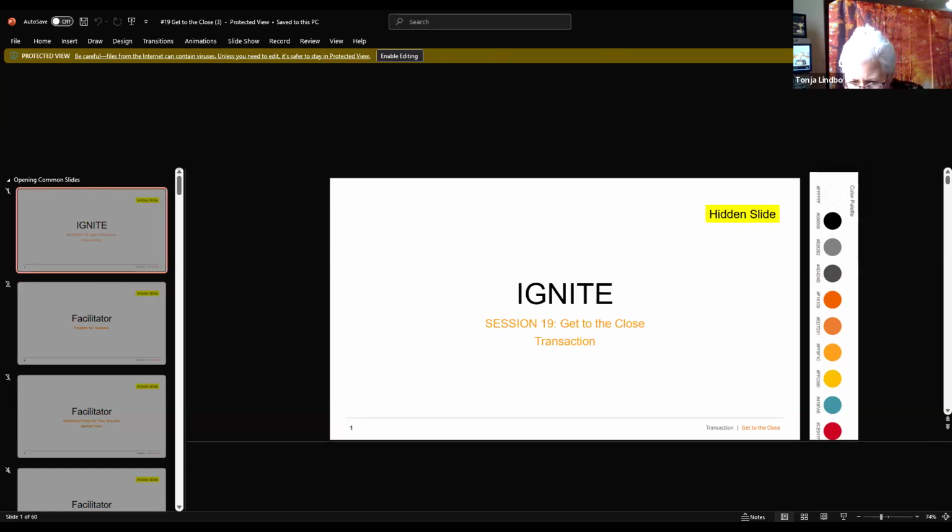Well, what am I doing where it's showing the full screen instead of the other stuff? Are you seeing the Ignite screen again?